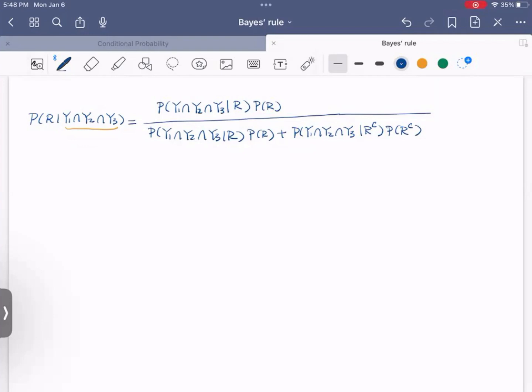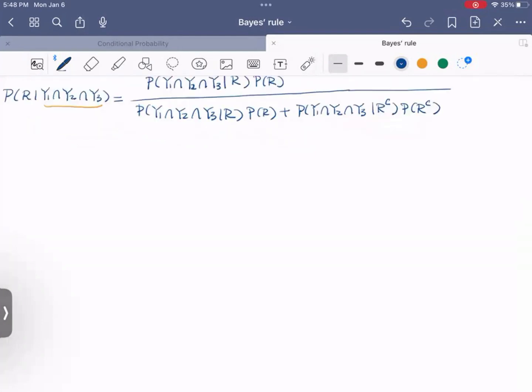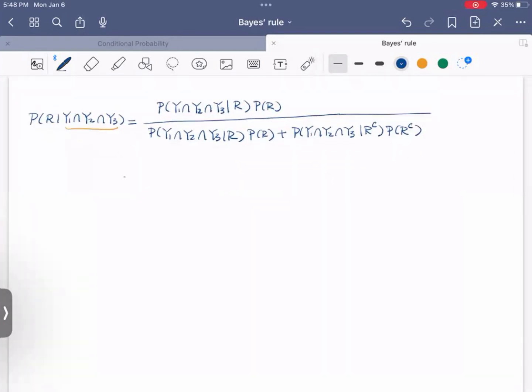We can assume that the 3 friends' behaviors are conditionally independent given R. So this is reasonable. In this case, we can rewrite the numerator as P of Y1 given R times P of Y2 given R times P of Y3 given R, and times P of R. Denominator, same.